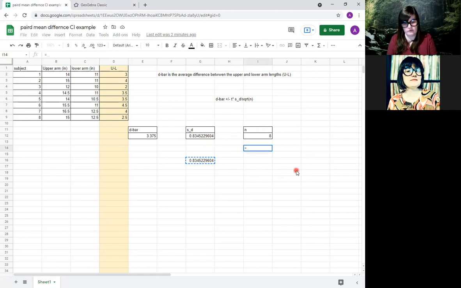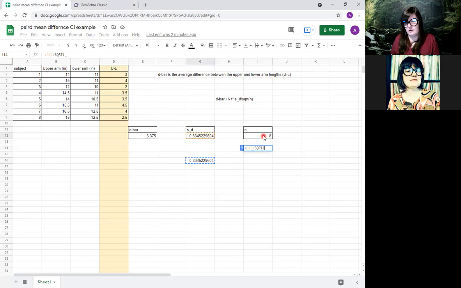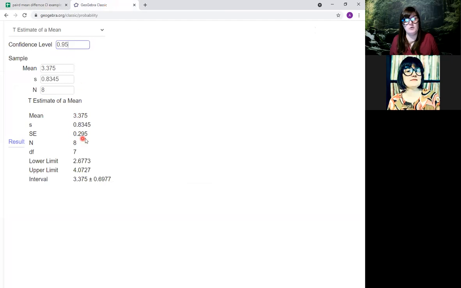We could say equals the standard deviation divided by the square root of our n, hit enter, 0.295. Awesome, GeoGebra is doing the work for us. You don't even have to calculate your standard error, it's right there.